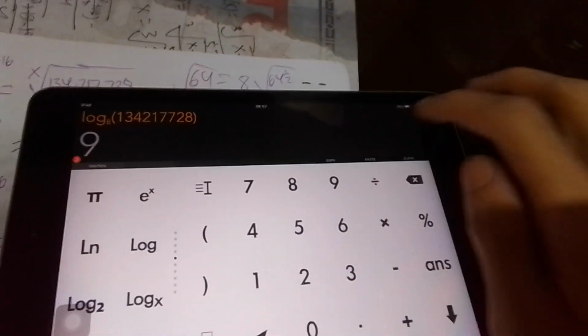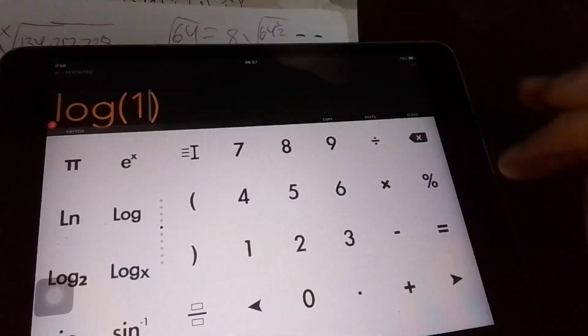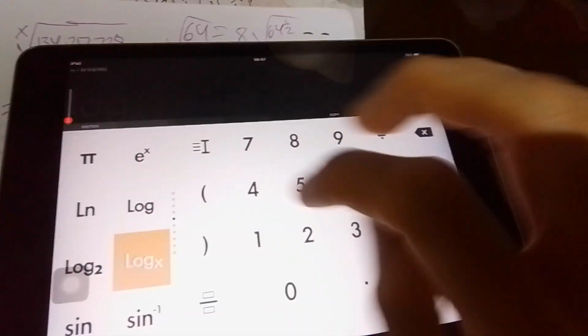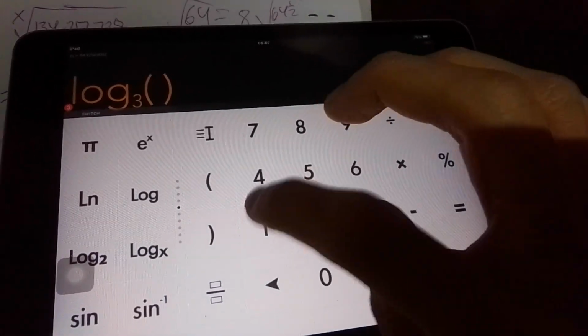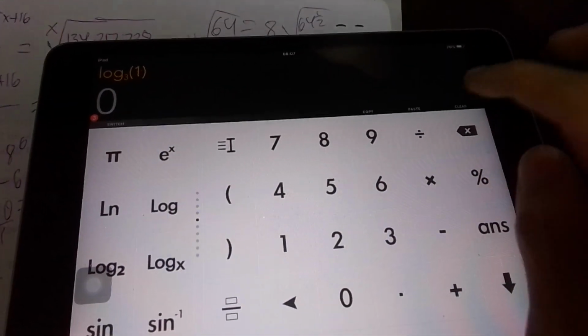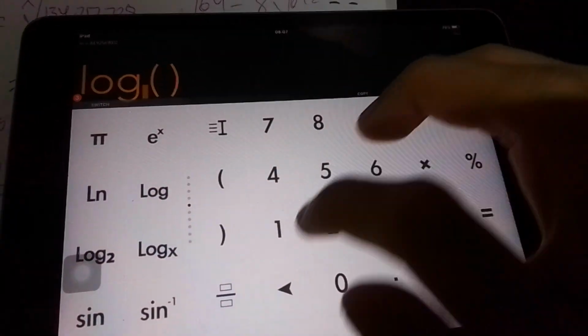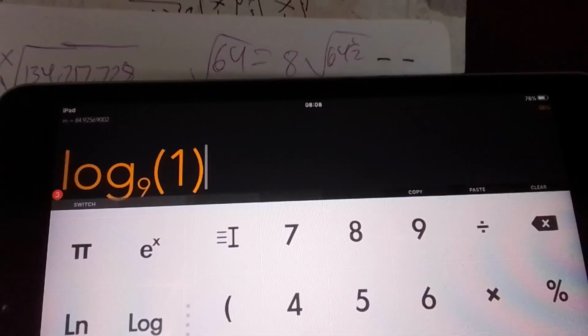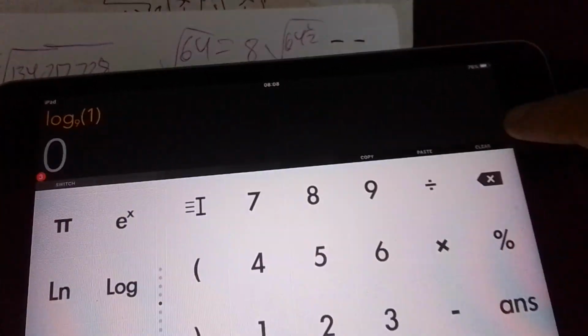Remember what I told you, log base any number of 1 is always 0. Or let's say if it's log base 3 of 1, it's 0. Or log base 9 of 1 is just 0. So automatically 0.